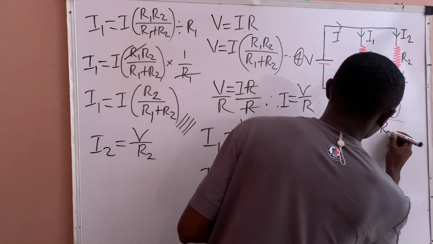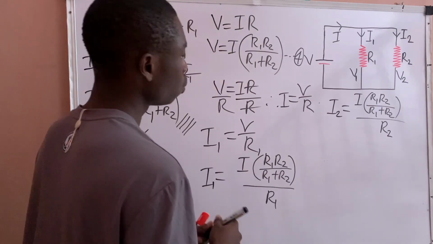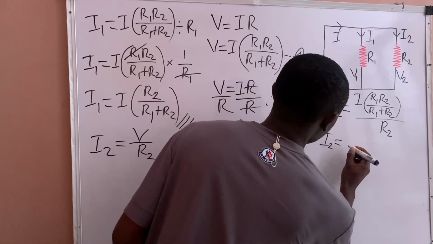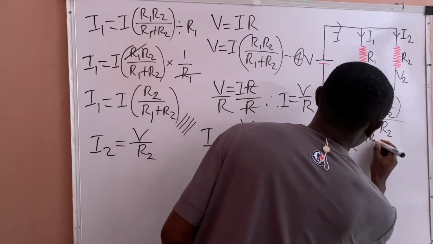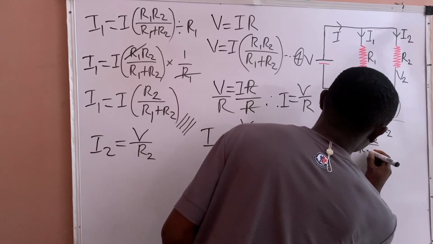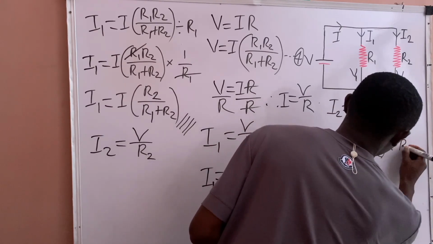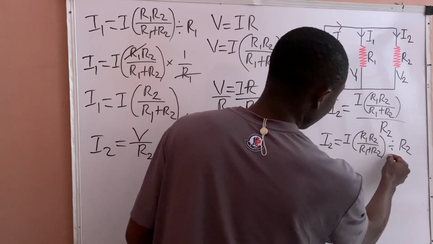Because we are looking for the current across R2. So now we will have that I2 equals I into bracket R1 R2 over R1 plus R2 divided by R2. Because this is a division sign, it will be divided by R2.